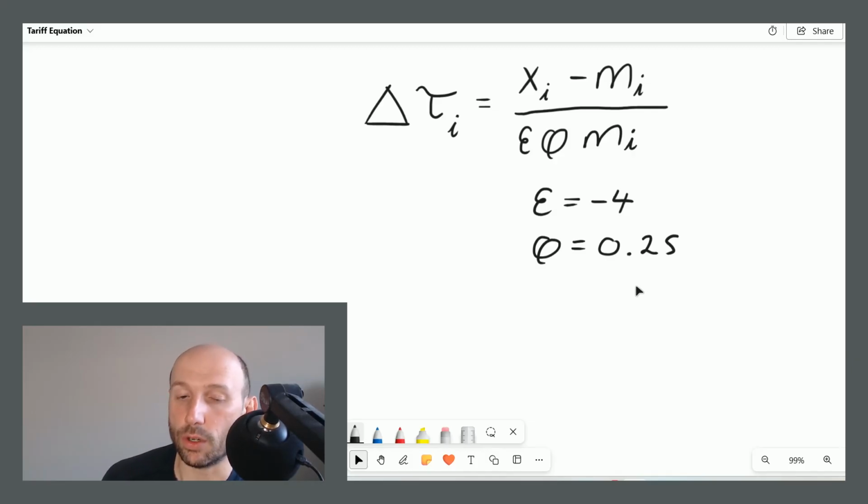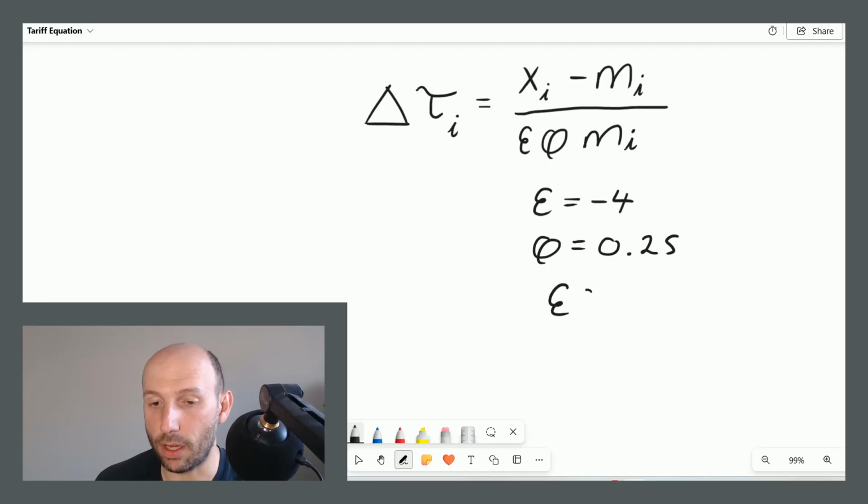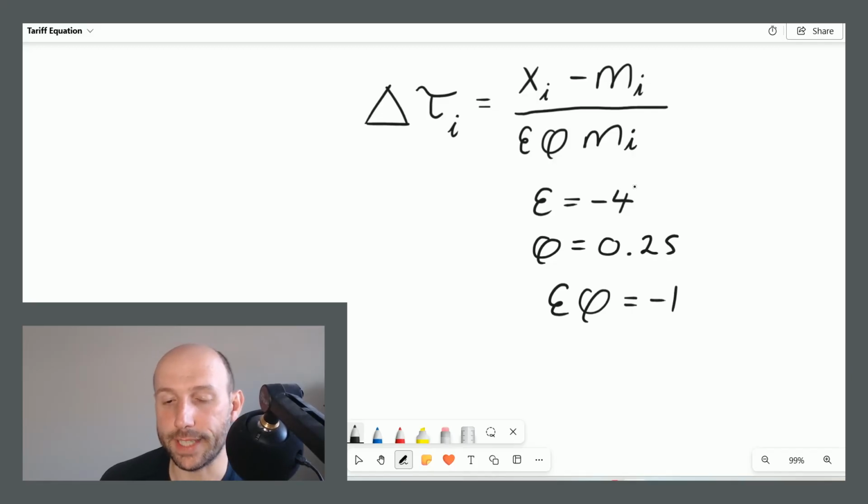So if you change tariffs, the import prices will be affected, but not too much. But epsilon tells us that even a small effect on import prices can have a significant effect on the amount of imports. Now, what's convenient is that epsilon times phi is -4 times 0.25, which is -1.